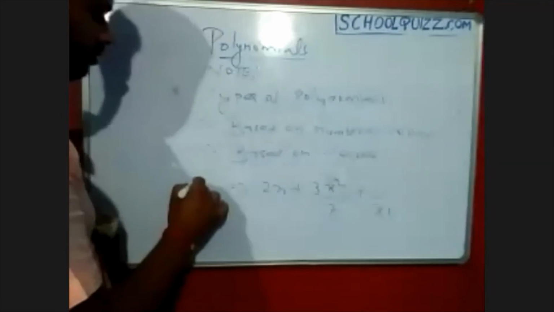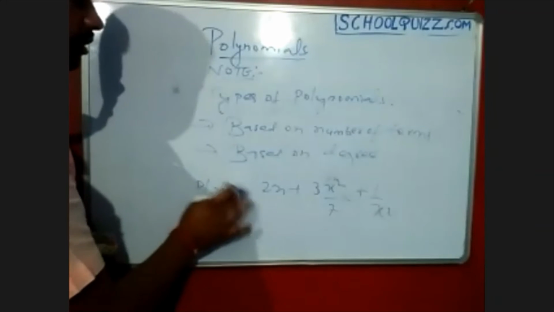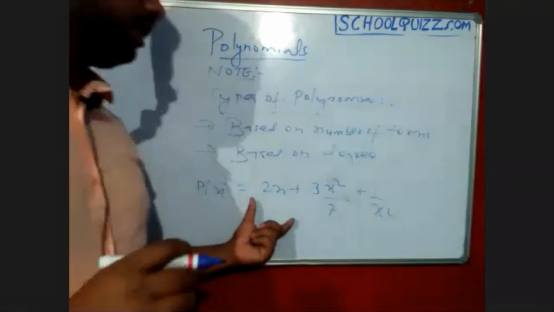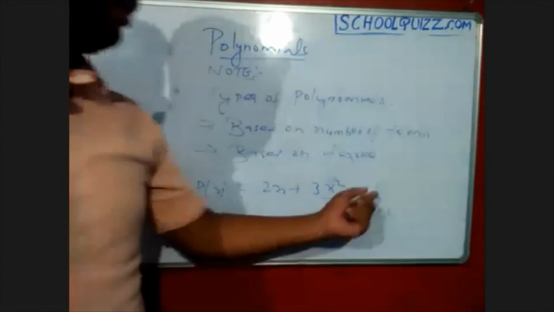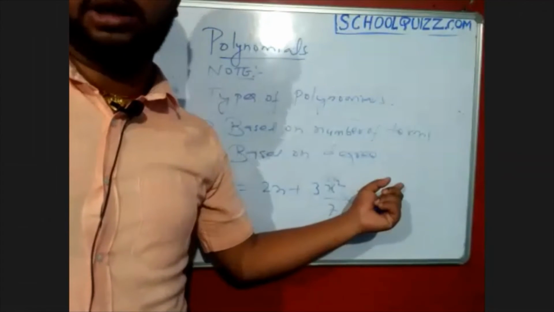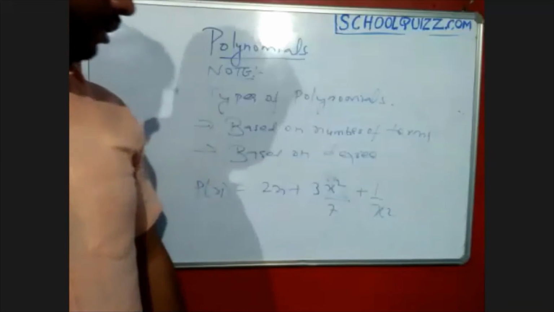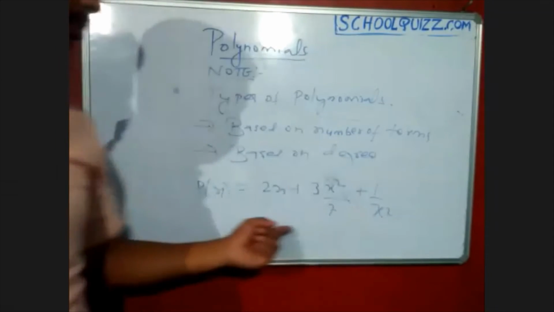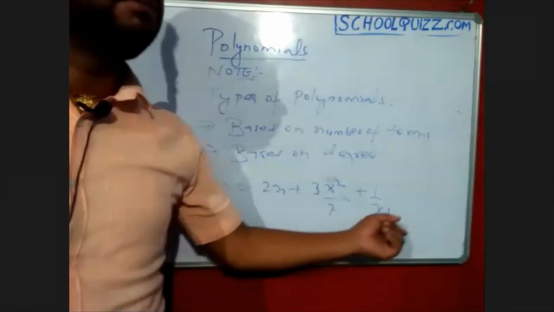Suppose this expression will be there, we can say this is not a polynomial, because 1 by x square is nothing but x to the power minus 2. So we can't call it as a polynomial, but we can say this as a multinomial.